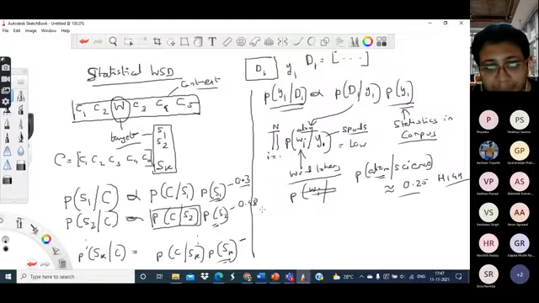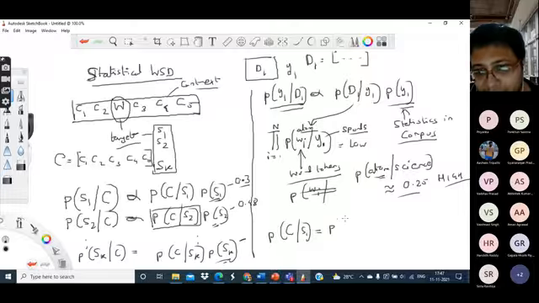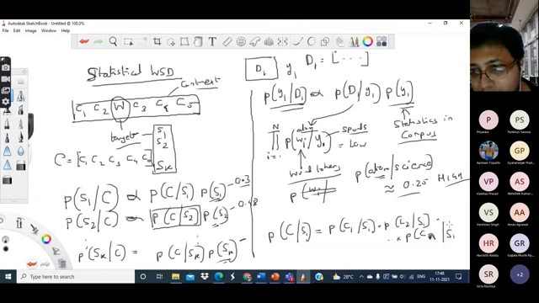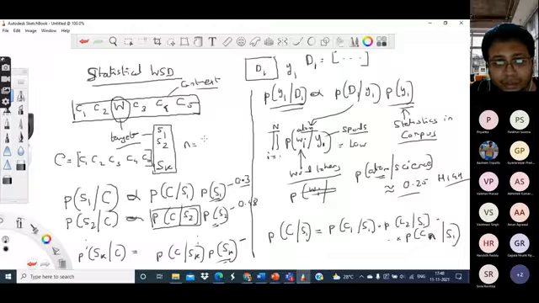Here again, P of C given S1, I assume I can write as P of C1 given S1 times P of C2 given S1 times etc., all the way up to P of Cn given S1, where N is the context size.